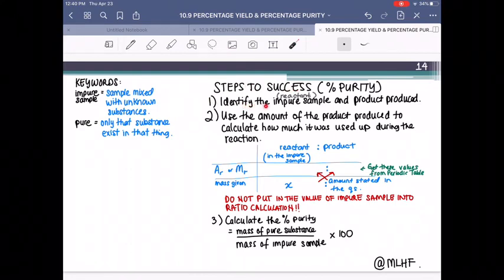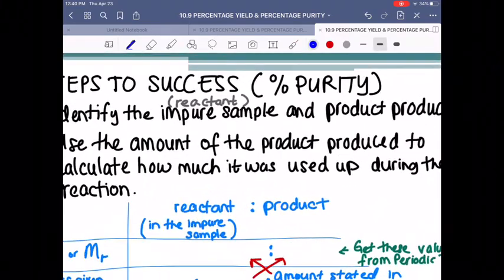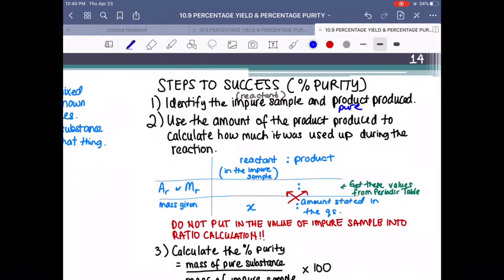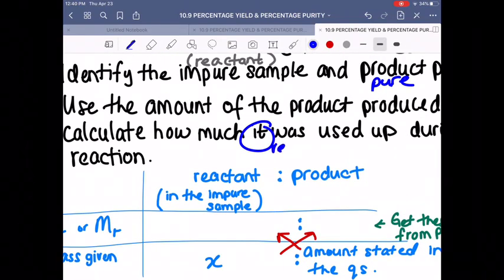First step, identify the impure sample, which is always the reactant, and the product produced. The product is always pure. So use the amount of the product produced to calculate how much of the reactant was used up during the reaction.